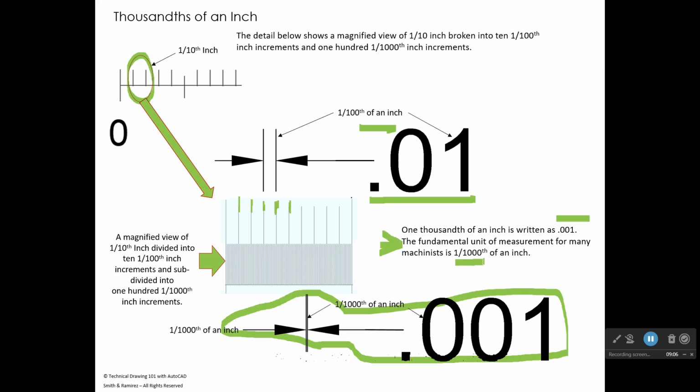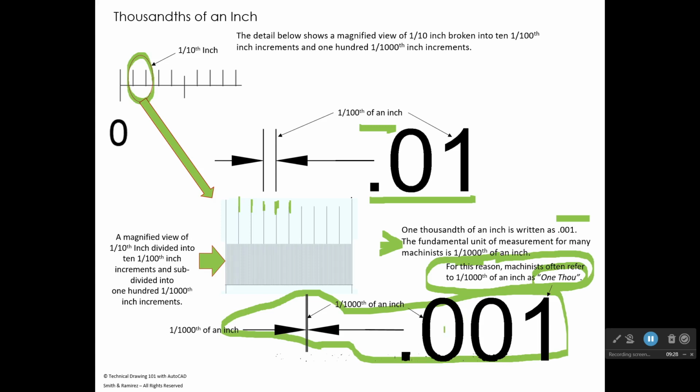That's pretty common that they can set their mill or lathe in the 1,000th inch range. And for this reason, here's an important concept. Machinists will refer to 1/1000th of an inch as 1 thou. Okay, so 1 thou, this is kind of an important concept.